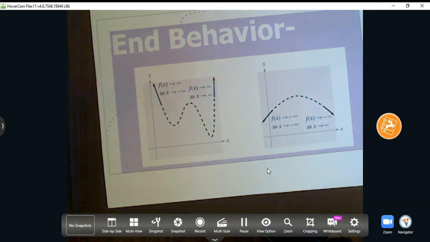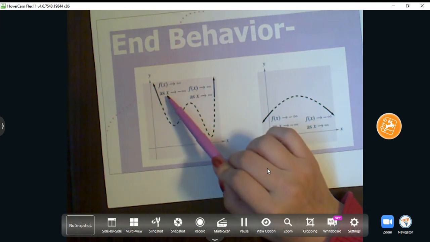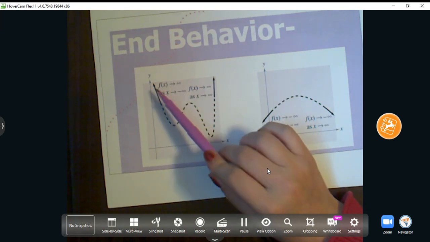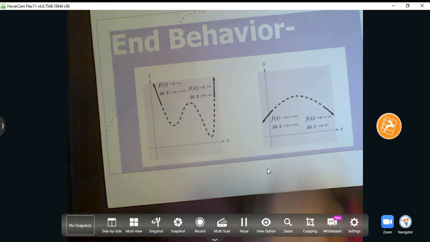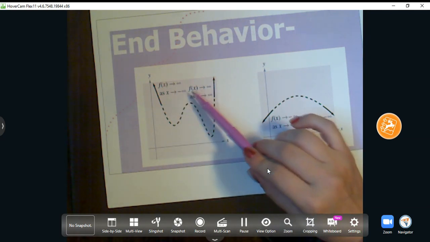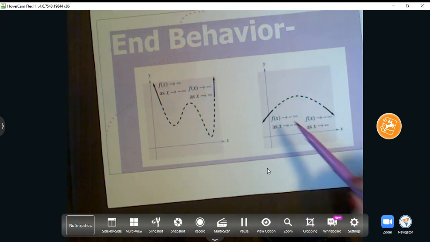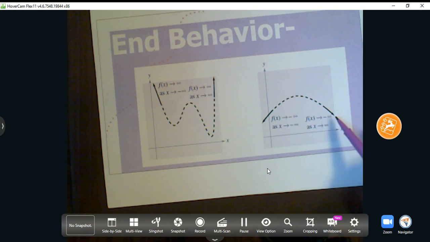Now, on this one, basically, we're still looking at end behavior. So notice that I have my left side of the graph, so x is going towards negative infinity. We're pointing up, so f of x is going towards positive infinity. And also on the right side of the graph, f of x is going towards positive infinity as x goes towards positive infinity. And then on our other one, both of them are pointing down, so both of my f of x's are going towards negative infinity for the left and the right side.